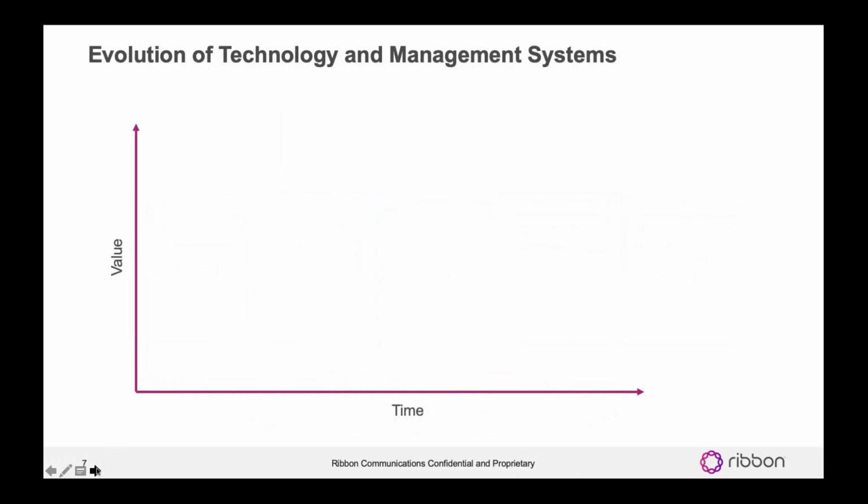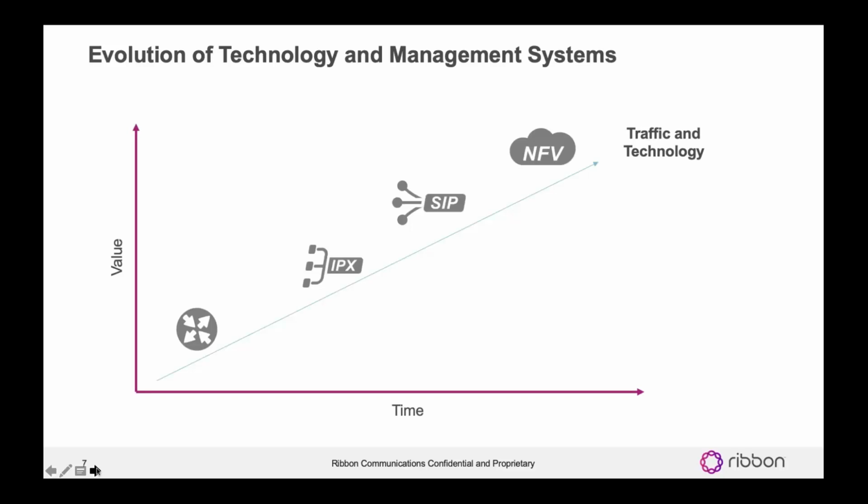So if you take a further step back, you had these network management systems, probably starting in the 1980s, and if you look at the value versus time, and take the different types of technology that exist in the world we live in, real-time communications and the amount of traffic. You can start down at the bottom, it's just simple network routing.